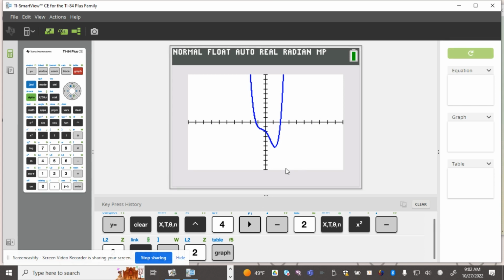All right. By inspecting the graph, guys, what do you notice about the end behavior? They're pointing where? Upward, same direction. How many minimums do we have here?